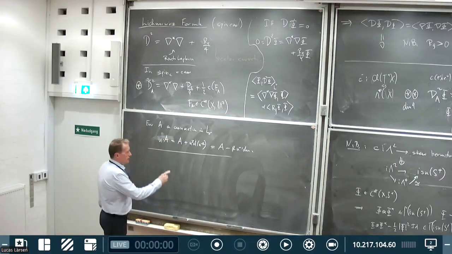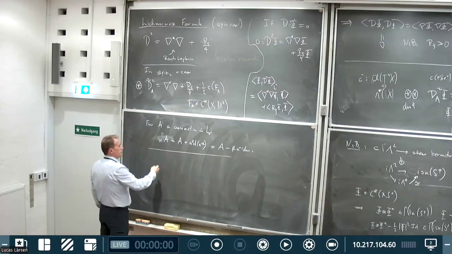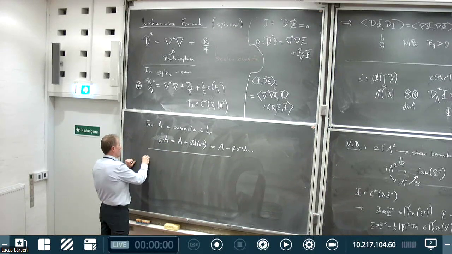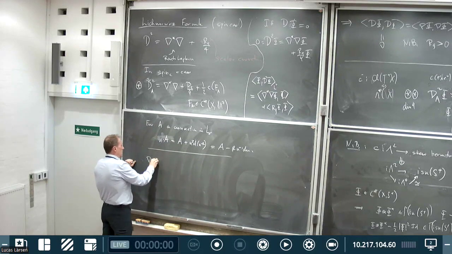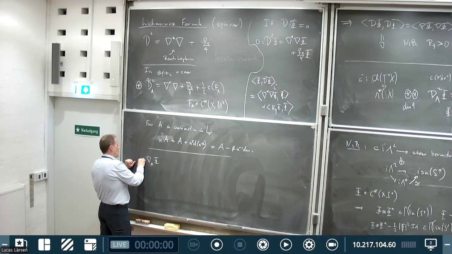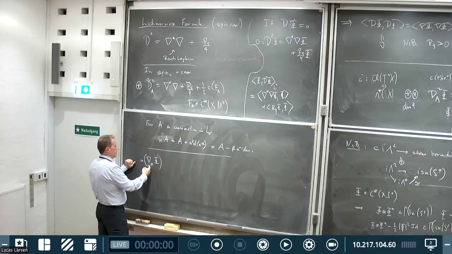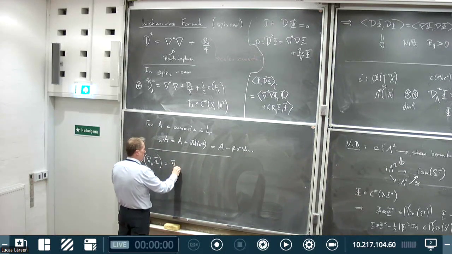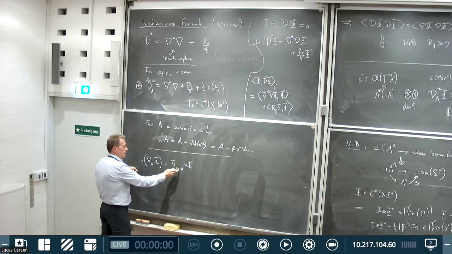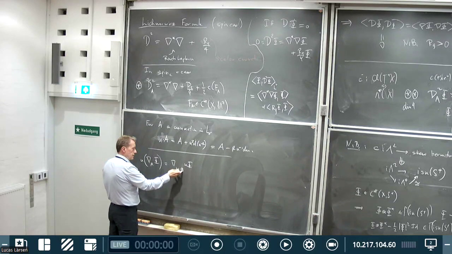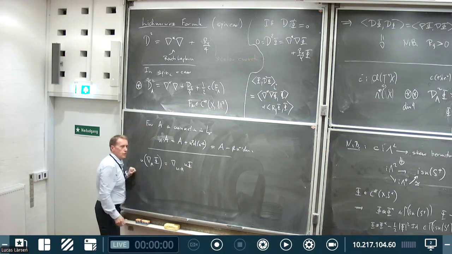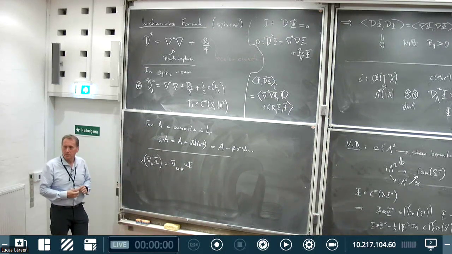But the important thing is that with this action, the action on the covariant derivative of phi is equal to the action of u on the connection and u on the spinor.